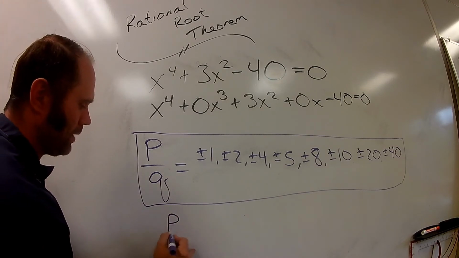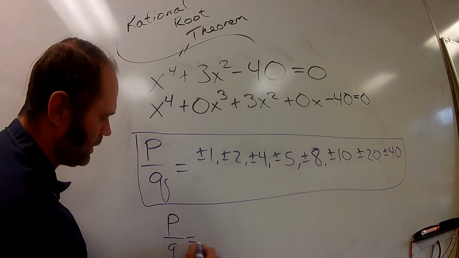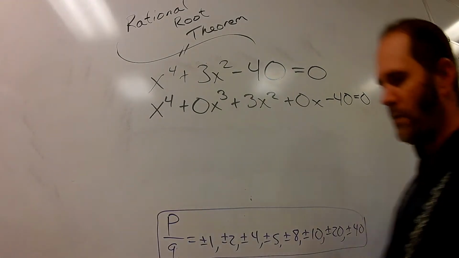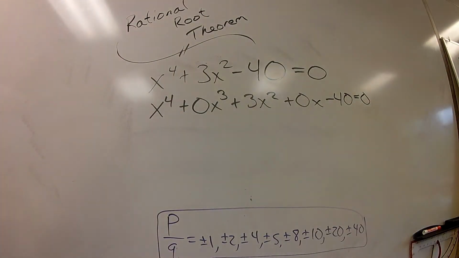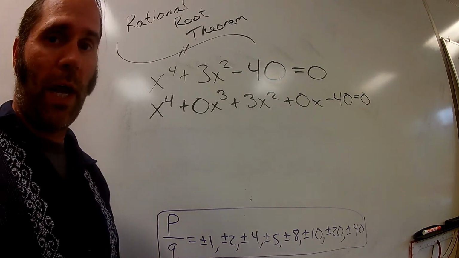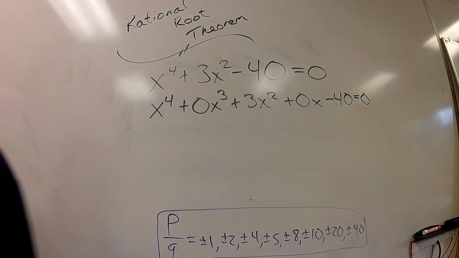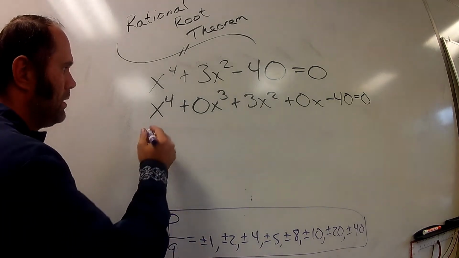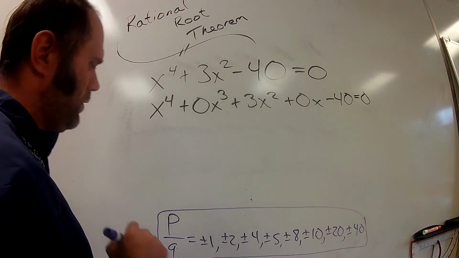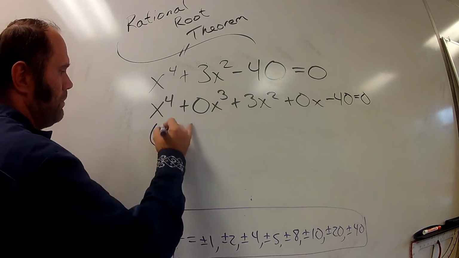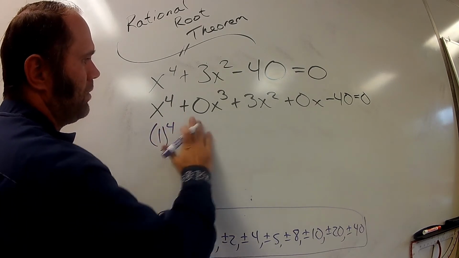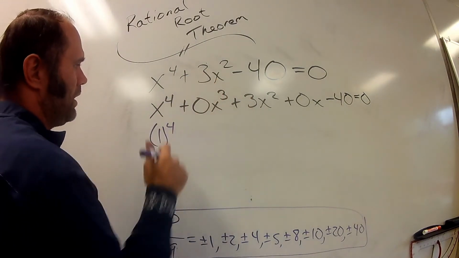I'm going to write it down a little lower because I want some room. Now I want to find out if any of these possible rational roots are solutions. Let's see here. I'm going to test 1. It worked for us before. I don't know if it'll work again. 1 to the 4th plus, we really don't need the plus zeros, so I'm just going to use the top equation.